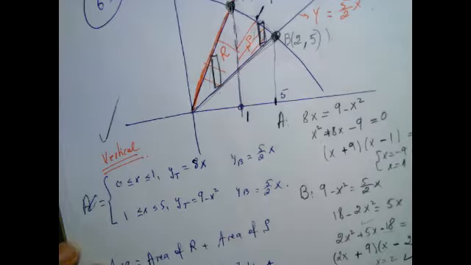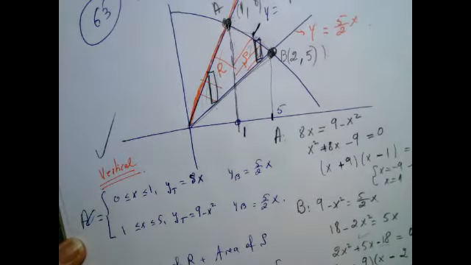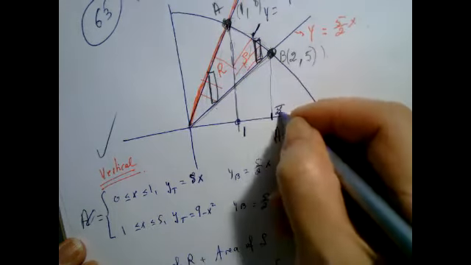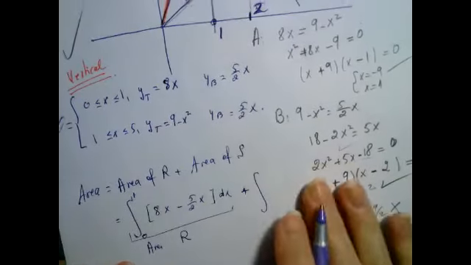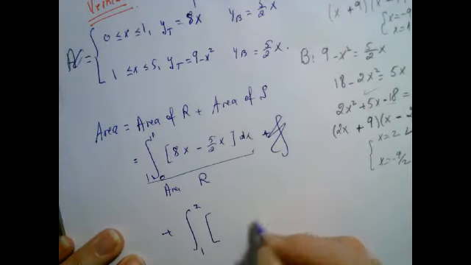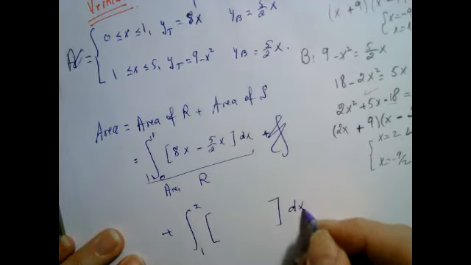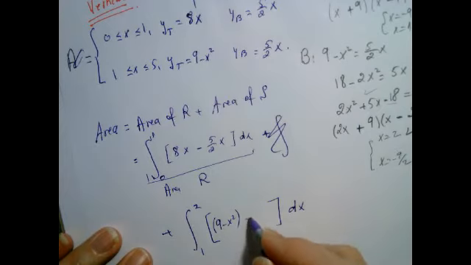Upper limit is 2, lower limit is 1. You're absolutely right, and I am absolutely wrong. Thank you. So from 1 to 2, I'm going to put it down here and fill in the details. 9 minus x squared minus 5/2 x. Absolutely correct.